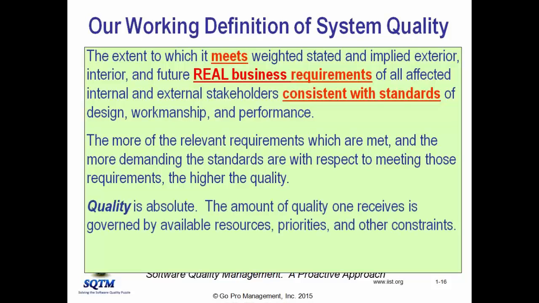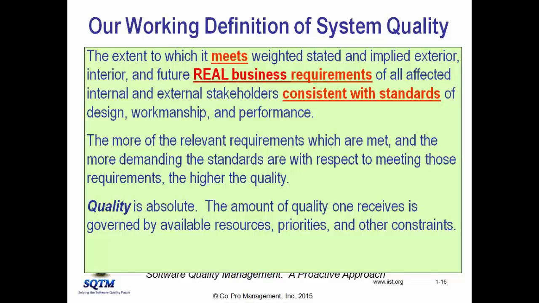And quality is absolute. Quality is an engineering concept, and it can be measured by the extent to which something meets the real business requirements consistent with standards. That's an absolute. What varies is not the quality, but the amount of that quality that somebody actually gets.